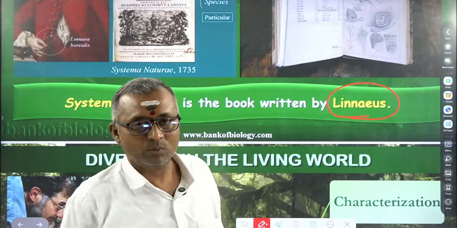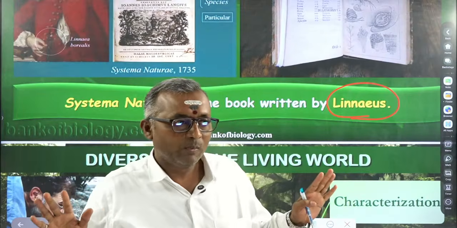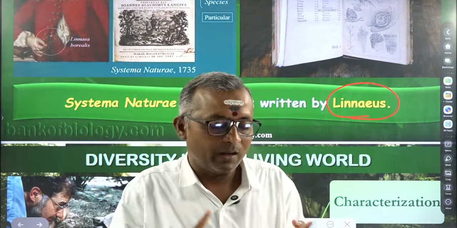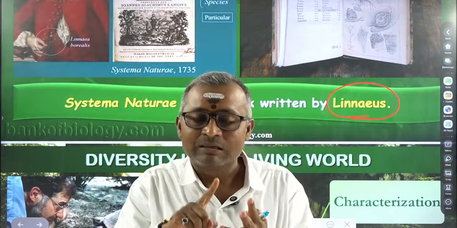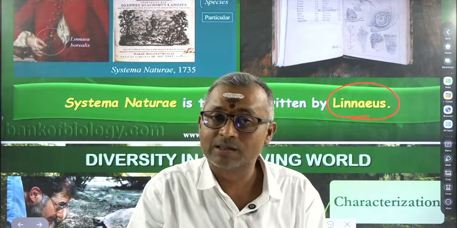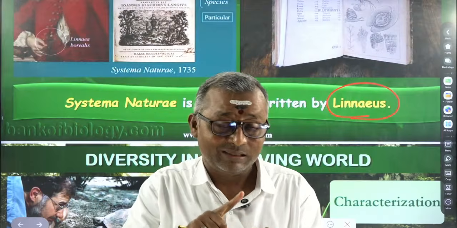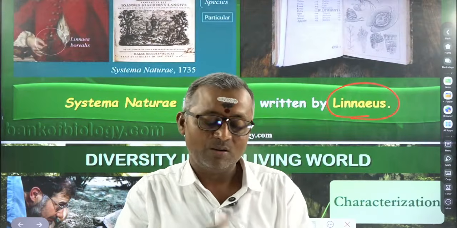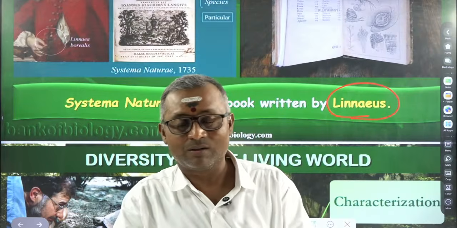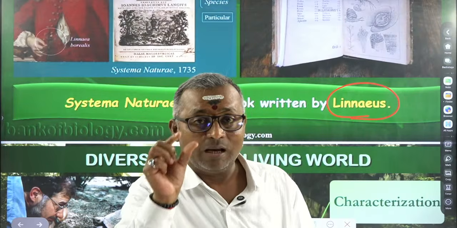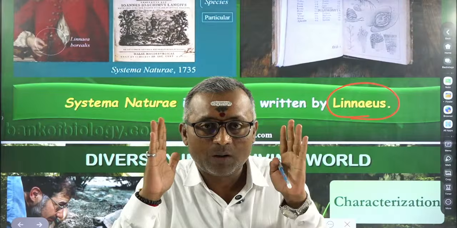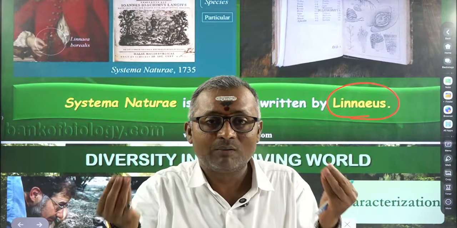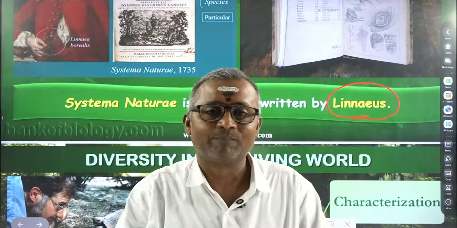This is what we have to know. I think you are now familiar with the terms taxonomy and systematics, and I also said what nomenclature, identification, and classification are, and I also mentioned taxa. Just remember all this terminology that I explained in today's class.